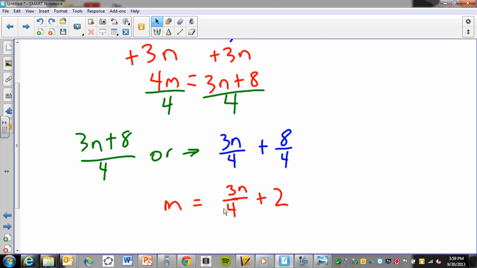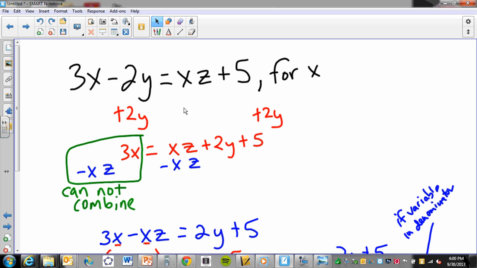Or, if you split it up, it's 3/4 times n plus 8/4: the 3n over 4 and the 8 over 4, and we just add them together. 8 over 4 can reduce to 2, so your answer should say 3n over 4 plus 2.